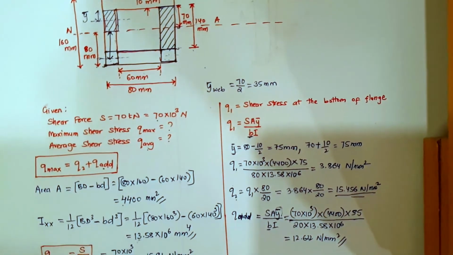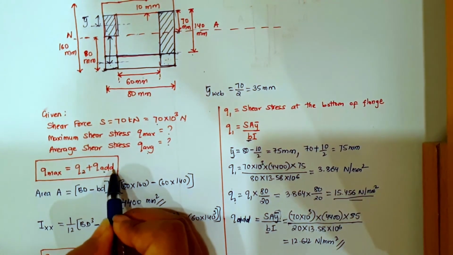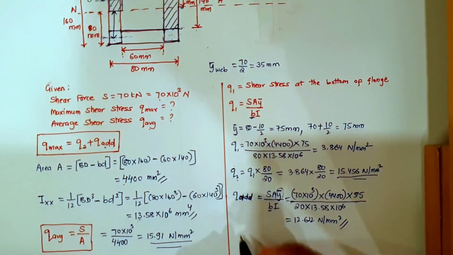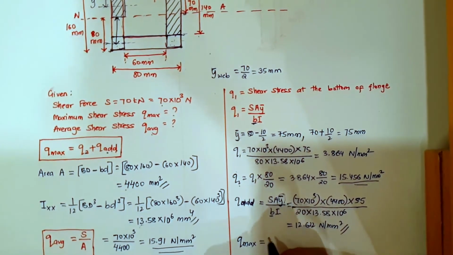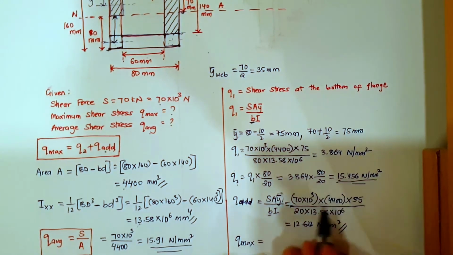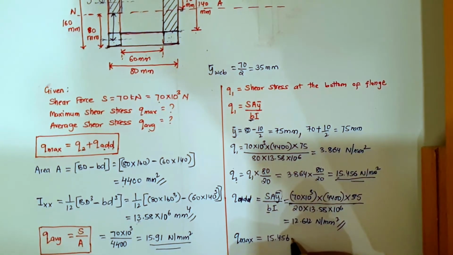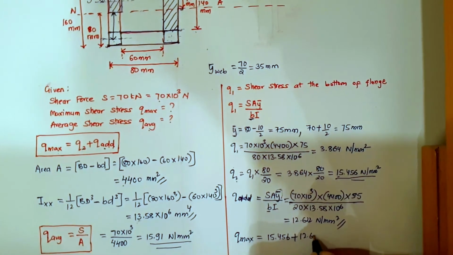Okay, now you have found Q2, you have found Q additional, now you can find Q max. So from here Q maximum will come equal to Q2, which is 15.456, plus Q additional, which is 12.622.